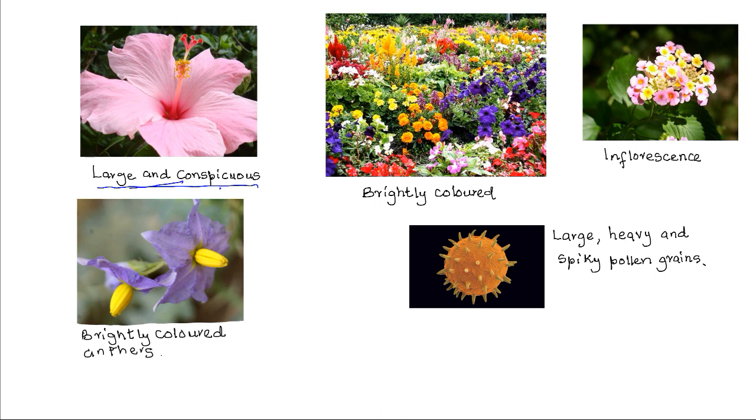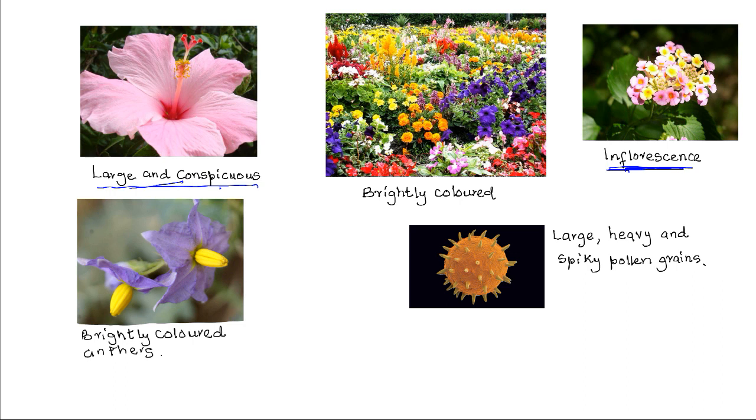Or if they happen to be small, then they occur in clusters that form an inflorescence, like in this example. So they have large, brightly colored petals for easy spotting by the insects, or if they are small, then they occur in clusters to increase their visibility.